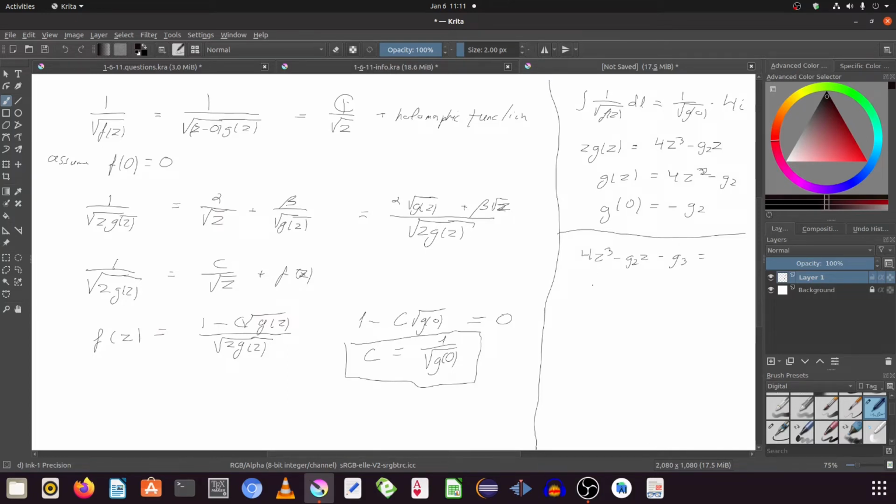So we have a root E1, so it's some polynomial times z minus E1, and then we divide by this.